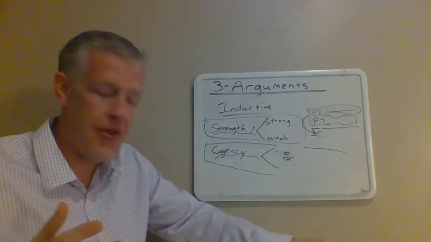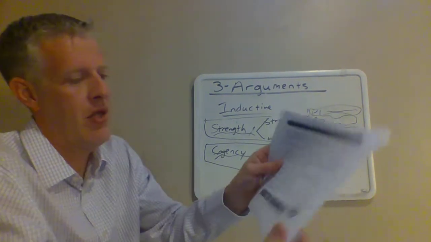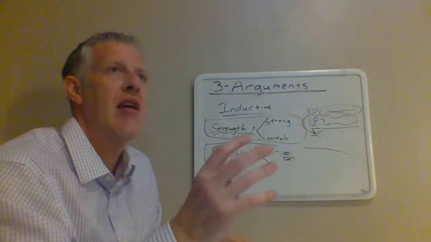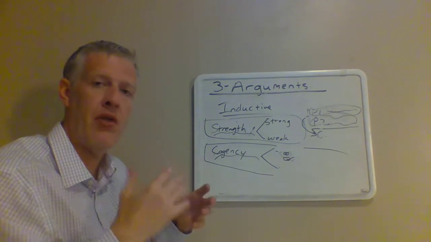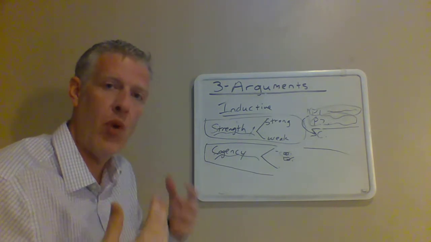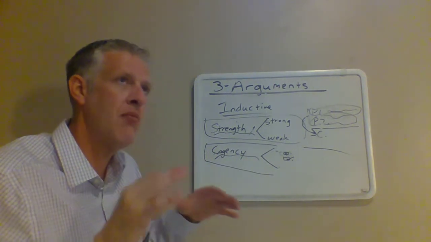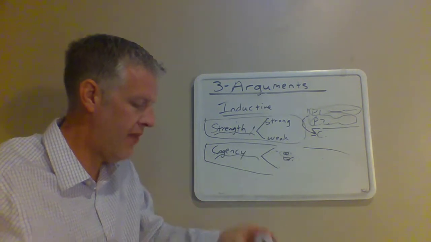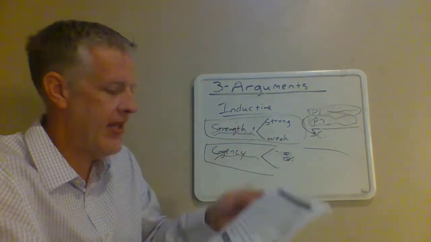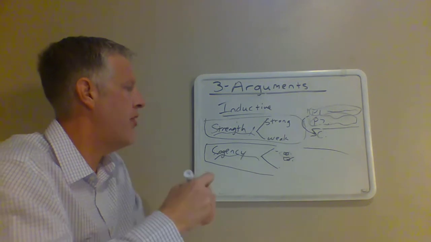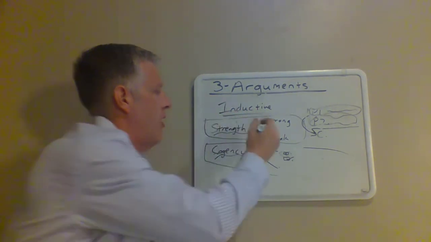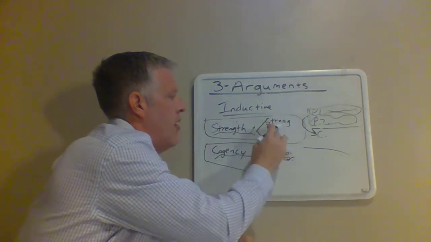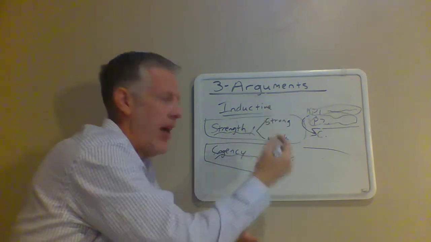This is what the authors are talking about when they say it's a relative sort of deal whether an inductive argument is strong or weak. They're not going to employ the terms in an absolute sense. What they're basically saying is there's no on-off switch here. Rather, it's a degrees, it's a spectrum.